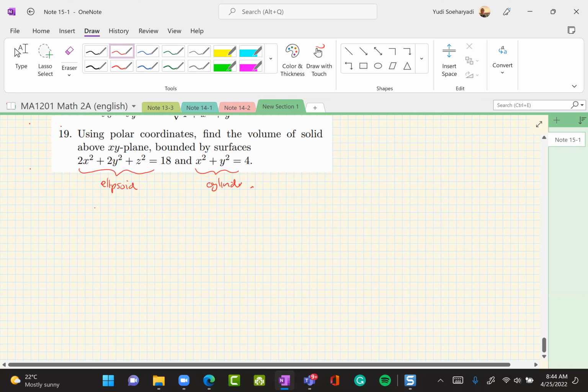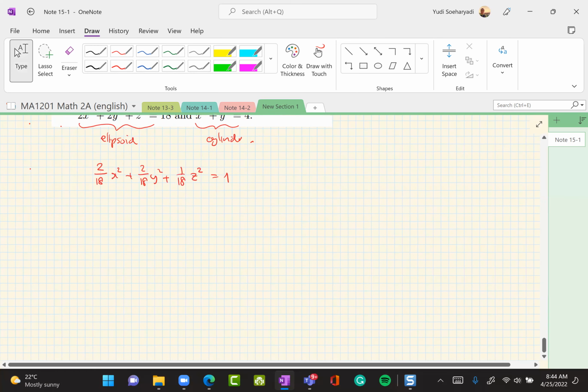We divide this by 18, so it's 2 over 18, so 2 over 9, right?